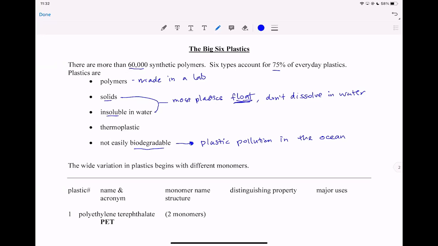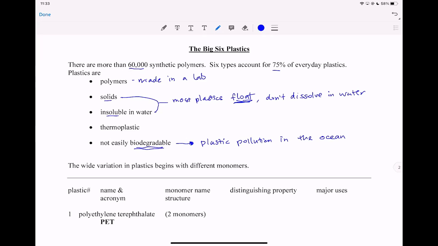Not all of them, but most of them. And they also don't biodegrade. They don't decompose in water, and they don't really decompose in soil or nature. Most of the plastic that we have, we will continue to have for hundreds, if not thousands of years.